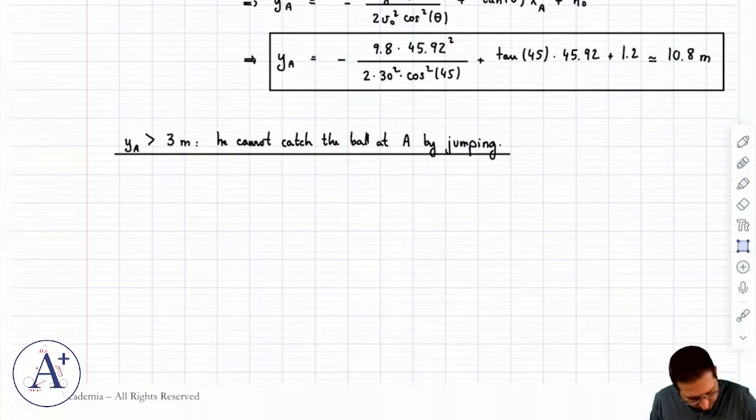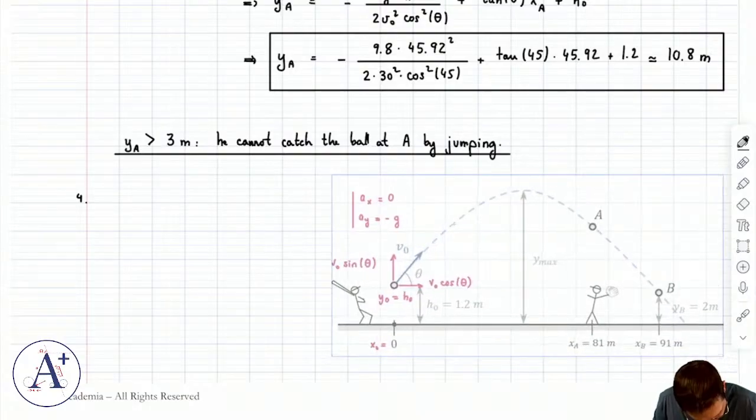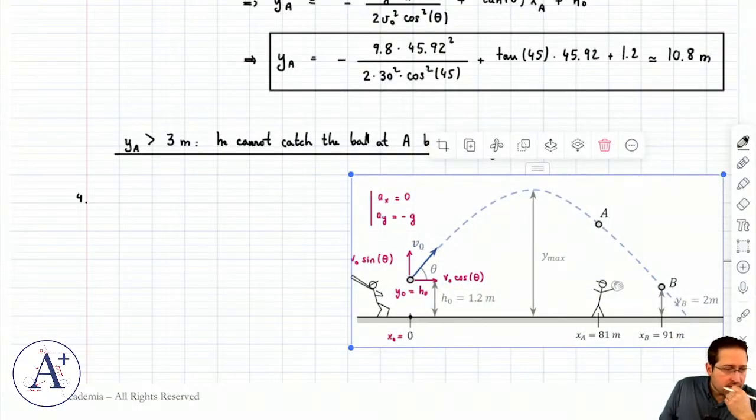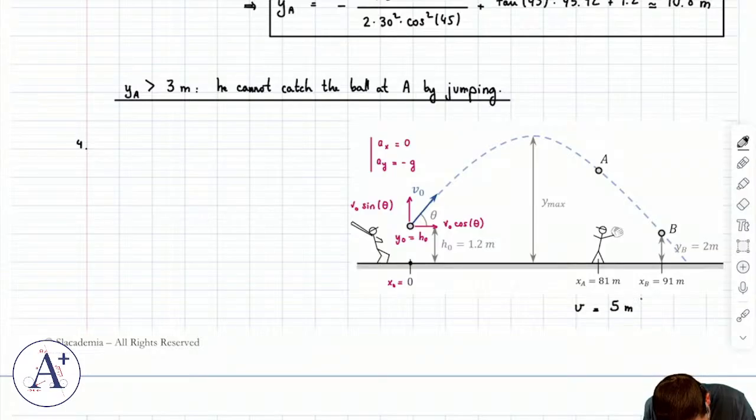Then we're told that if he does indeed run to point B, how long can he wait after the ball is hit before he must start running? That's a good question, right? How long can he wait? Well, he can run at a speed v1 of 5 meters per second.